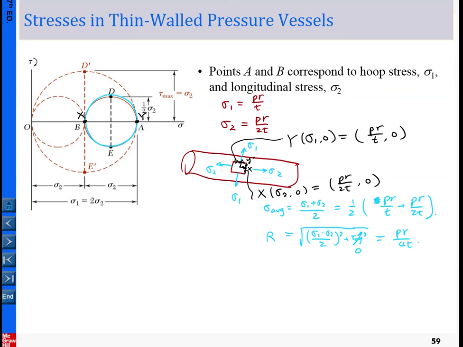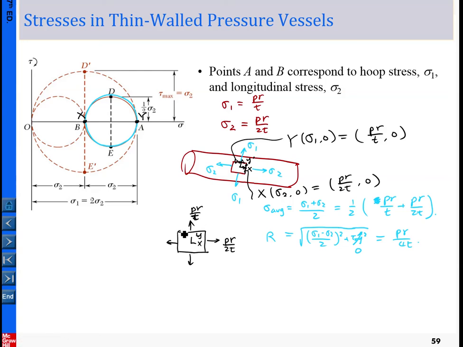Hopefully it is clear what we did here. So for this case, we have the stress element, let me redraw this one here. This is our xy, PR over 2T and PR over T. Okay, so that is on the blue circle here.